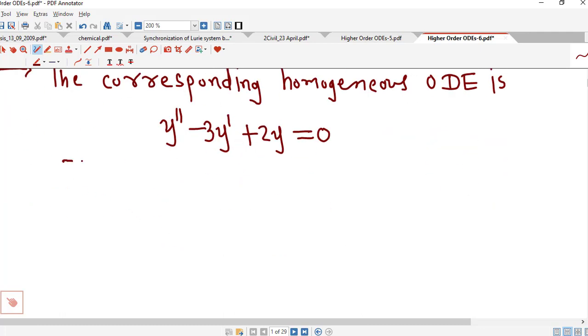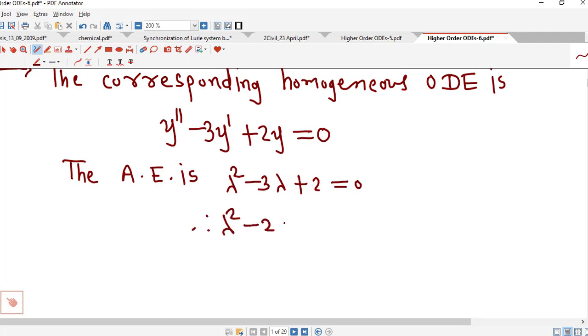Now to solve this equation, first we have to solve its auxiliary equation. So the auxiliary equation is lambda square minus 3 lambda plus 2 equal to 0, and this is easy to factorize. We can rewrite minus 3 lambda as minus 2 lambda minus lambda, plus 2 equal to 0.